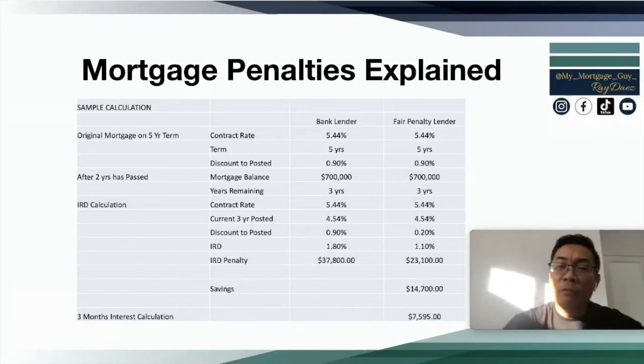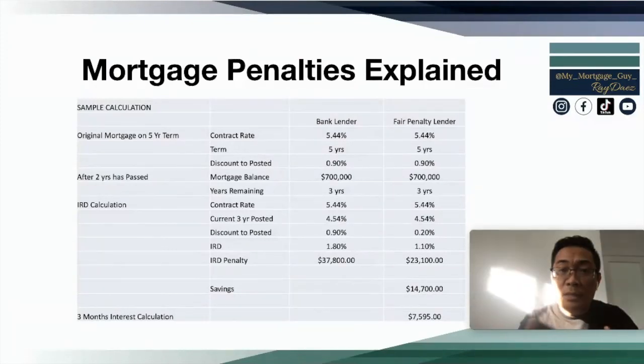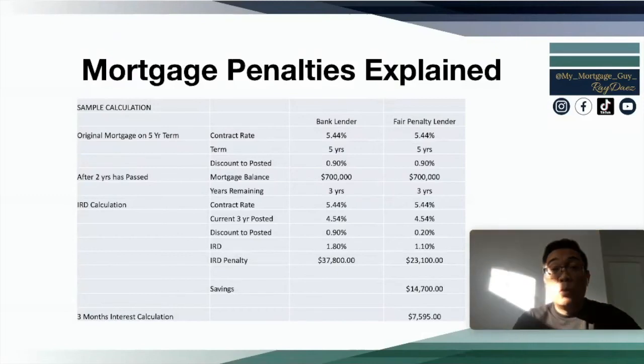Okay? Now, for a fair penalty lender, we use basically the same posted rate of 4.54, but let's assume the discount level is around 0.2%, because that's typically what it is for a 3-year fixed. So we're actually using 4.34% and compare that to the 5.44%, and that gives us 1.1% for a fair penalty lender.